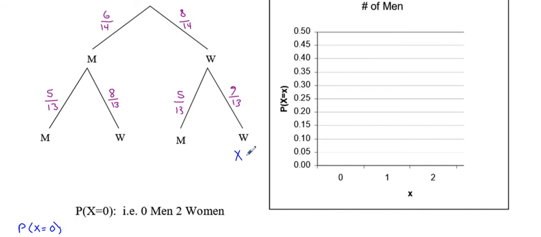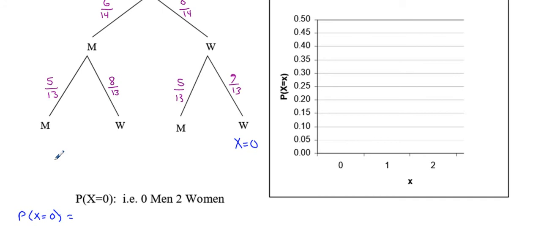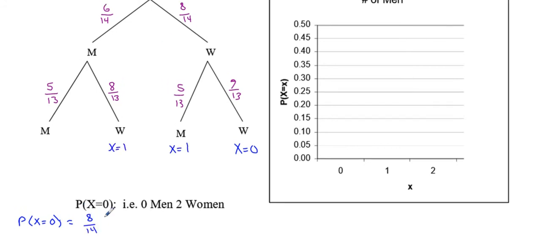So this time, no men is over on this side. So that means you would have a woman and another woman, and in lowest terms, that works out to 4 over 13, which is approximately 0.31.